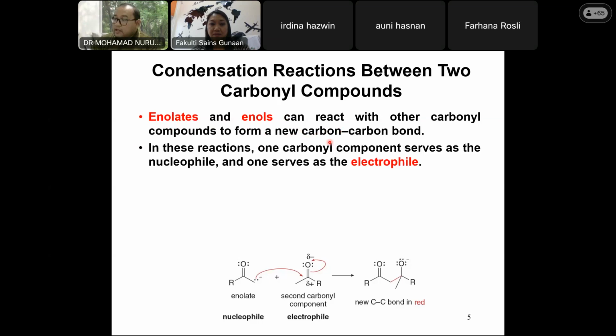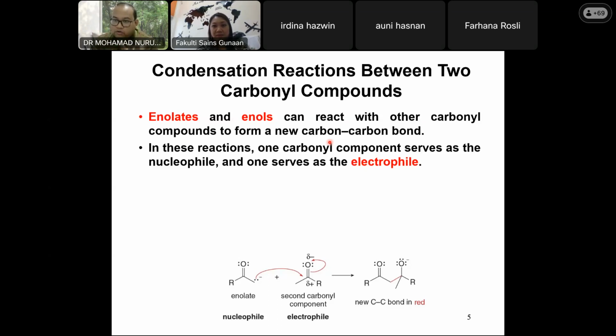In these reactions, one carbonyl component serves as a nucleophile. You learned about electrophiles and nucleophiles in your first level, and you will learn them again along the way in organic chemistry.